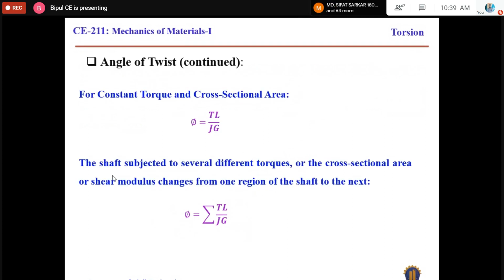In the previous two equations, this equation is applicable if the shaft has constant cross-sectional area and is subjected to one torsional force. And this one is applicable if the shaft has different cross-sectional area but concentrated torsional force, not variable torsional force.